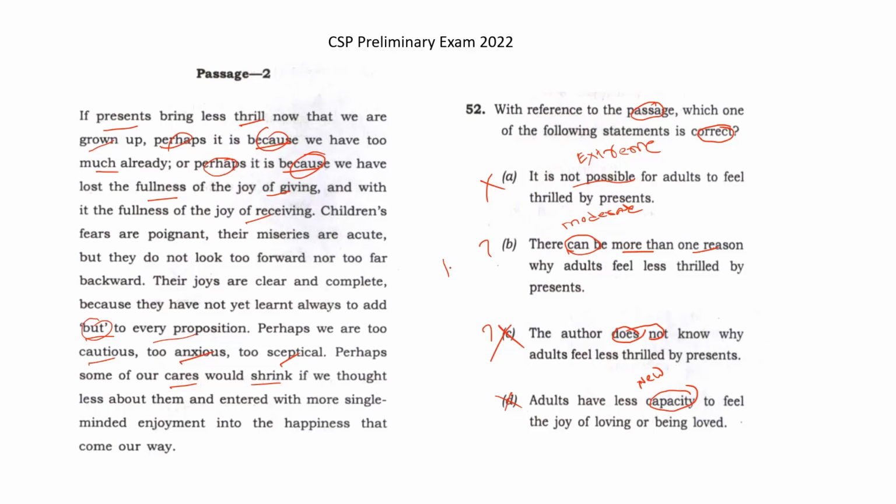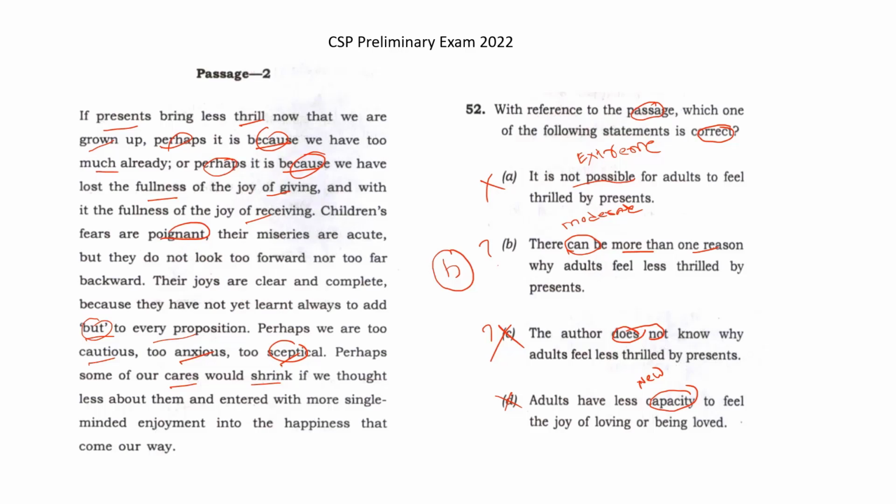Here, I want you to note one point. Look at some of the vocabulary. It's poignant, something like sharp and all that. Anything else? Skeptical. Maybe some of you don't know the meaning of such words. You find the meaning of such words hard.